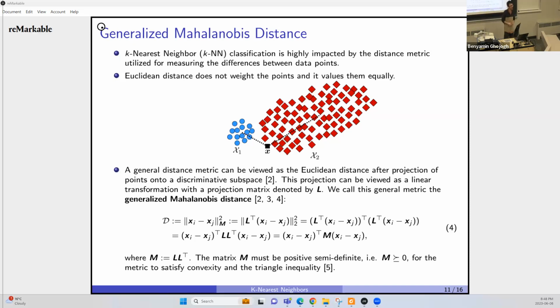What did Mahalanobis say? So Euclidean distance has a big flaw, and Mahalanobis found that. What is that? Consider these two classes, x1 and x2, and I have a test point x. So I have two clouds of data as classes, and this x comes.